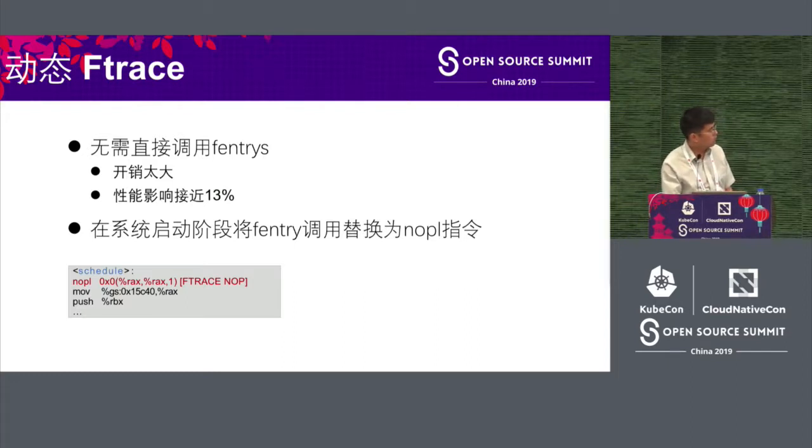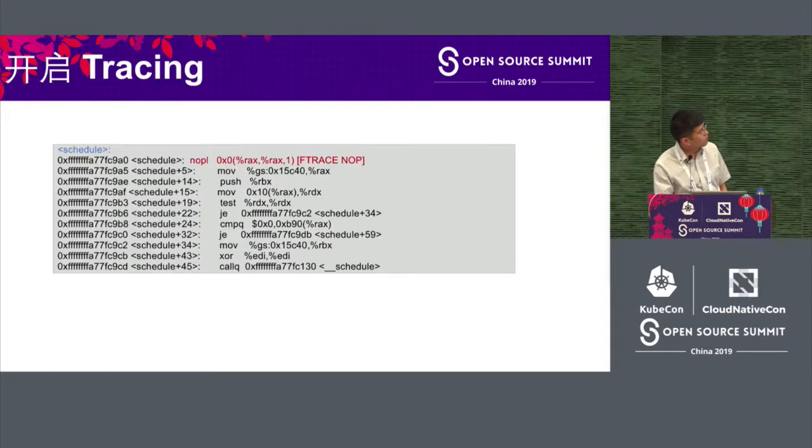If we replace the call instruction with nop, this is what happens. For example, this is the schedule function. As you can see, if we do the disassembly, the call has been replaced with nop.